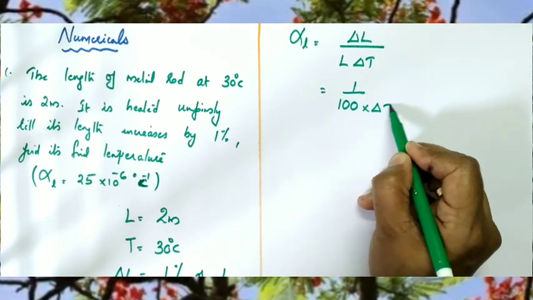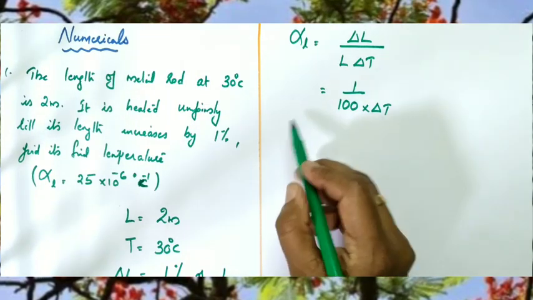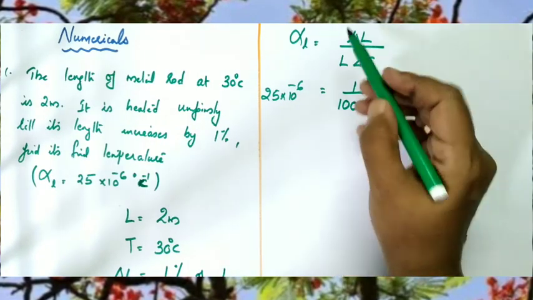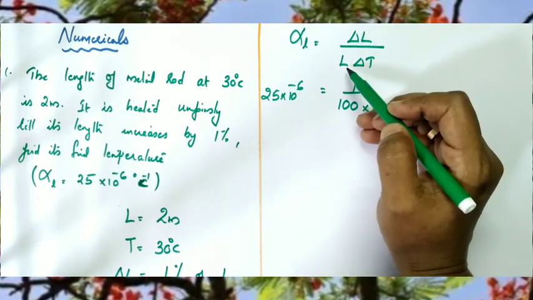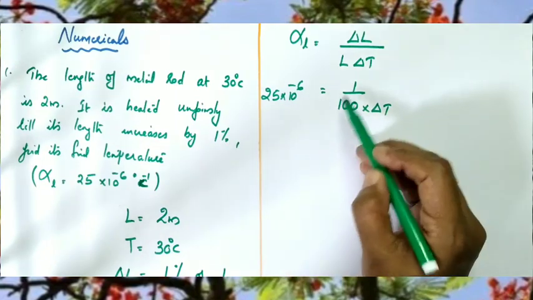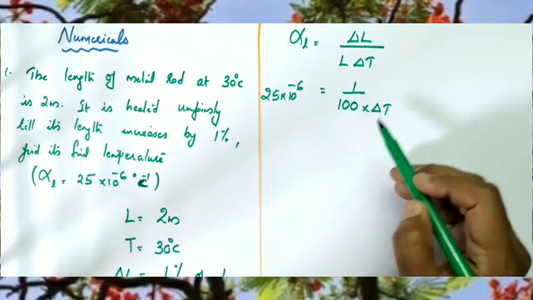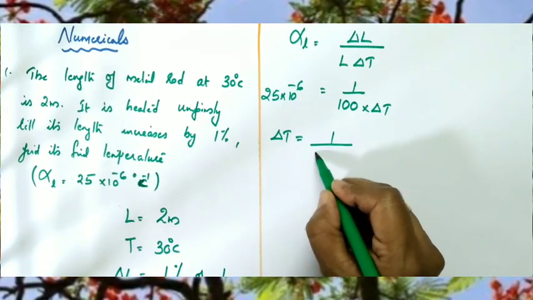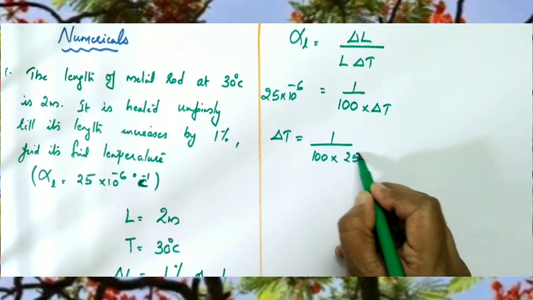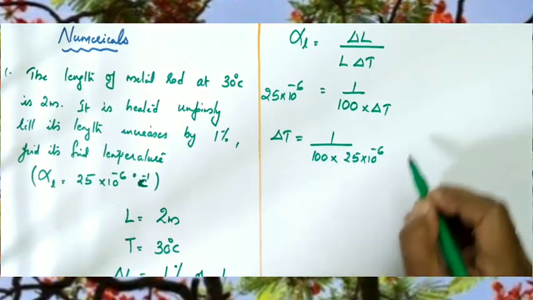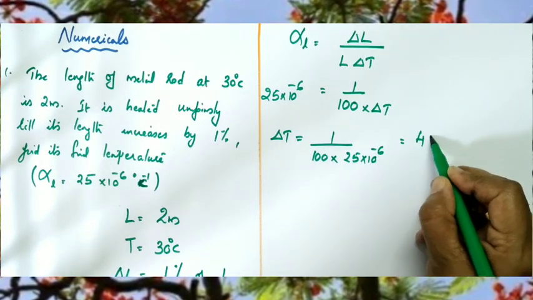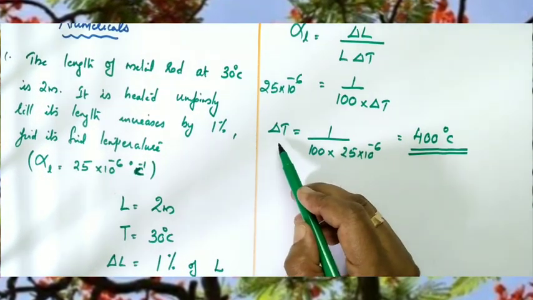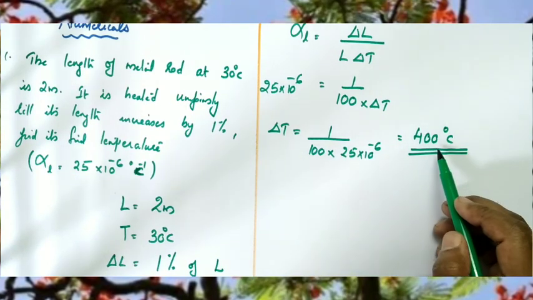Delta T we have to find out, equal to delta L by L divided by alpha L, that is 1 by 100 divided by 25 into 10 raised to minus 6. After simplification, we get the answer as 400 degrees Celsius. So delta T, the change in temperature, is 400 degrees Celsius.